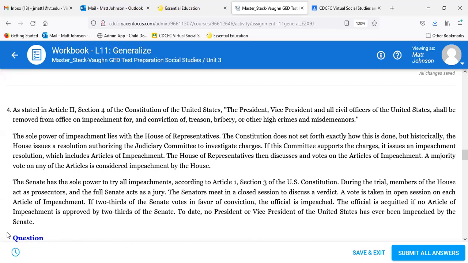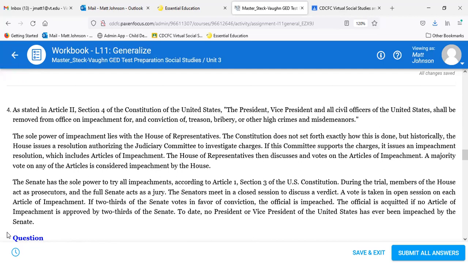The sole power of impeachment lies with the House of Representatives. The Constitution does not set forth exactly how this is done, but historically, the House issues a resolution authorizing the Judiciary Committee to investigate charges.